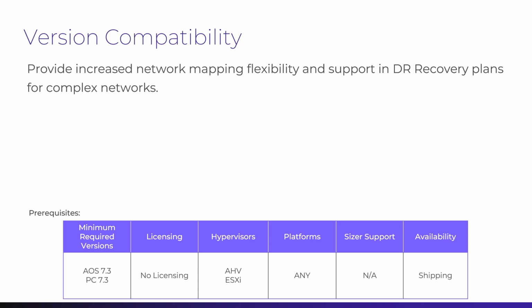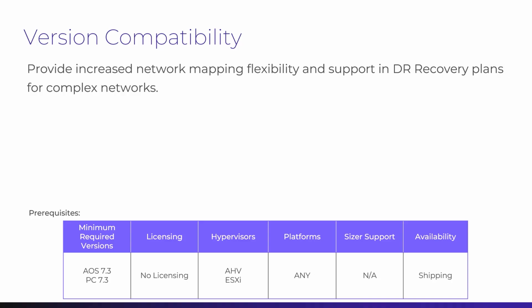As far as prerequisites go, the minimum required version is going to be PC 7.3 in a single PC environment. If there are 2 PCs, both PCs will have to be upgraded to 7.3. As far as licensing goes, there are no changes to licensing, but if a customer is using static IP mapping, that feature already requires NCI Pro plus Advanced Replication or NCI Ultimate.